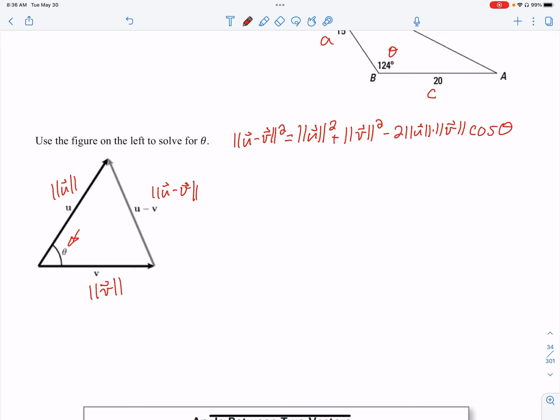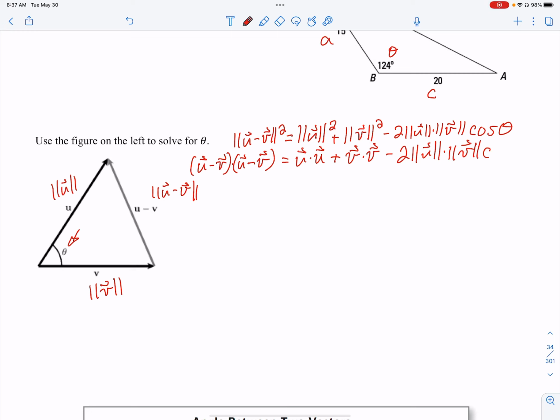All right, we're going to start working this out, like we did in the last example. The magnitude of u minus v squared is just u minus v dotted with u minus v. The magnitude of u squared is just u dotted with u, plus v dotted with v, minus 2, and none of this changes. We can't make these a dot product because they're not squares.